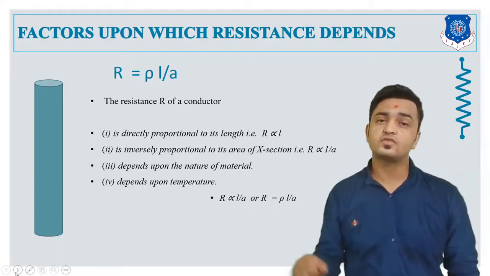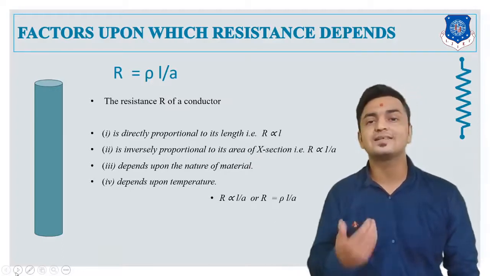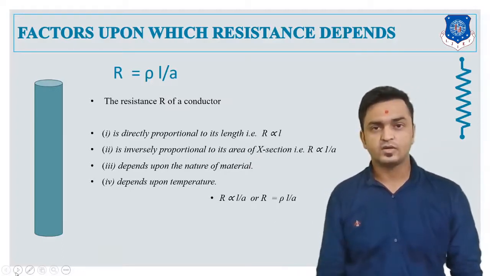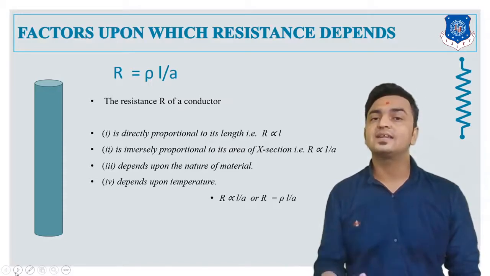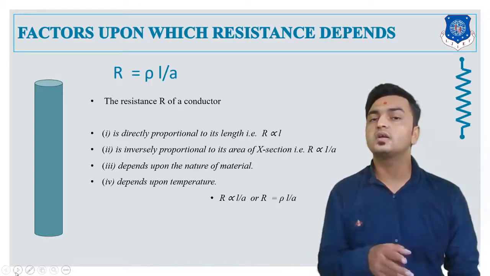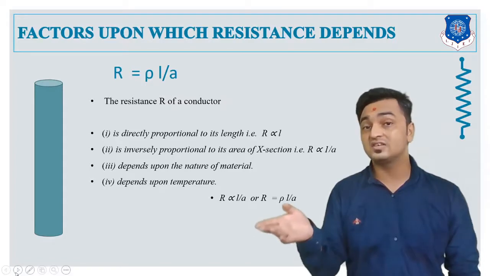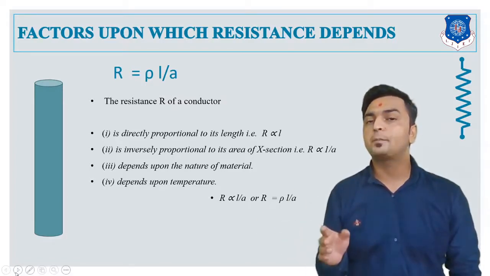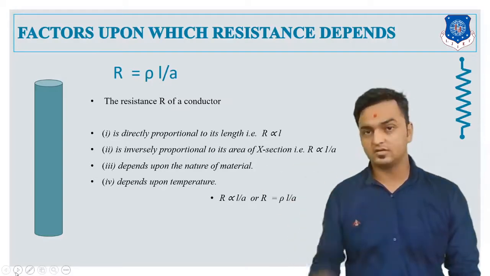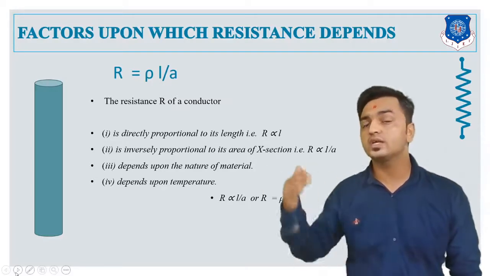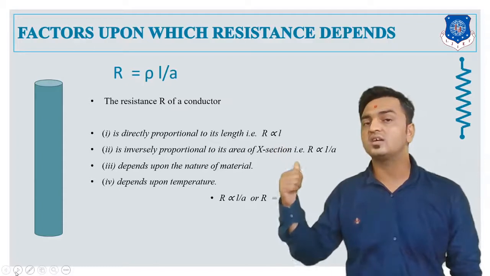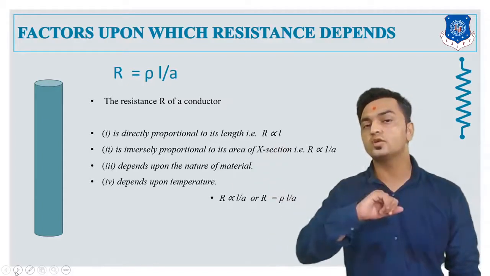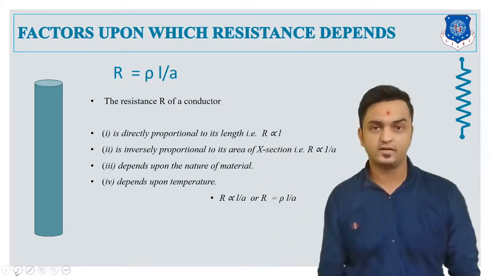Based on this equation, first if I consider the length, then I can say that the resistance of any material depends on the length of that conductor. If you observe the equation, you can say that R is directly proportional to L, the length of that conductor.